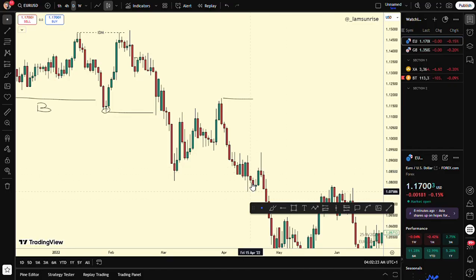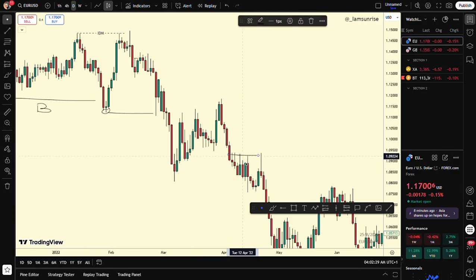Same thing occurs. Previous candle high was taken out right here. Let me use the trend line. All these candles right here are just trading inside of this red candle because the low was still protected.